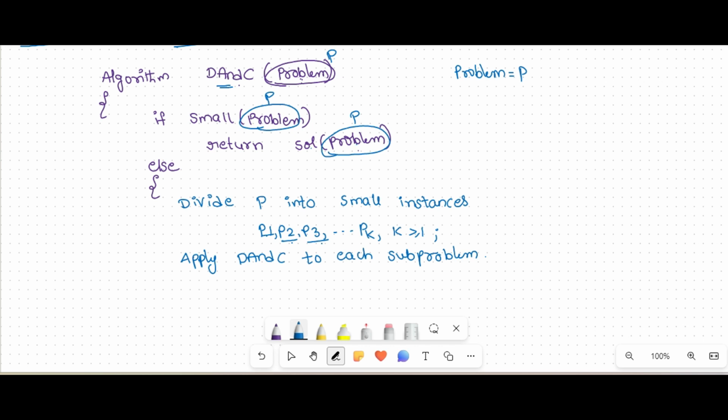If it is not small, then as I showed you previously, 1-1, 1-2, 2-1, 2-2, the problem is divided again. Divide, divide, divide until the problem is small. Now the problem is small and you have calculated solutions for all these small problems. Then we have to combine. How do we combine here?